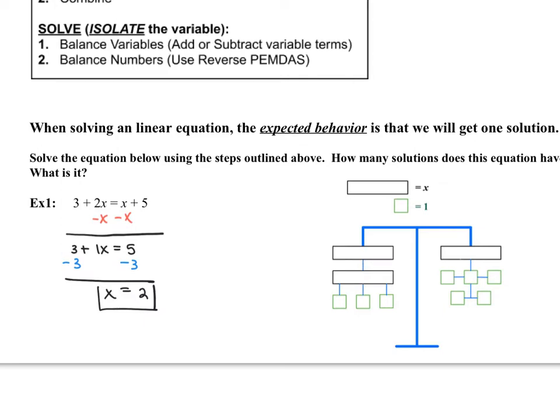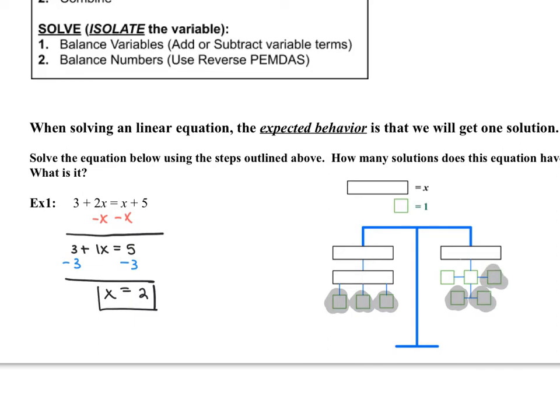So what I could do is pick off these 3 single green squares from the left side, but then I'd have to pick off 3 single green squares on this side, because remember, whatever we do to one side we have to do to the other, so we're keeping it balanced.